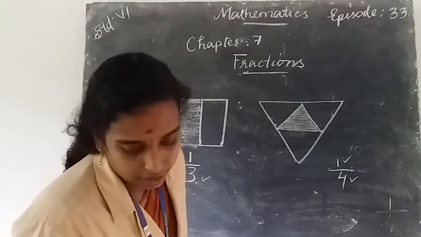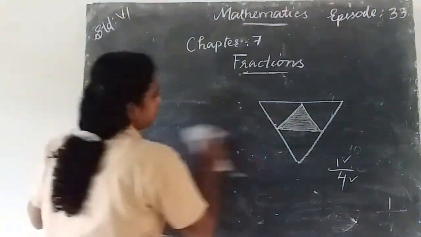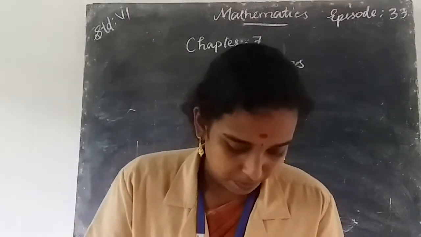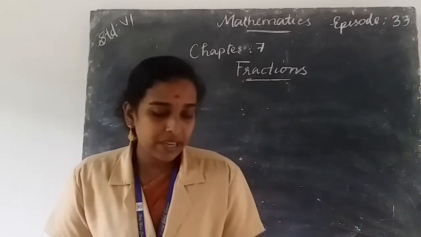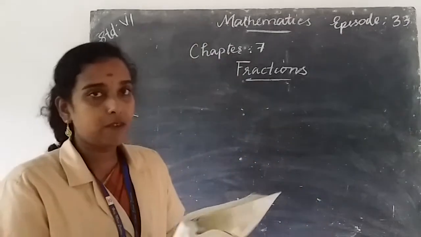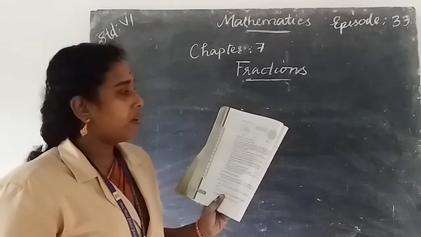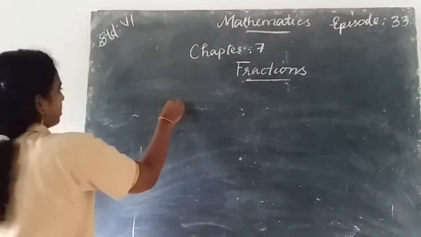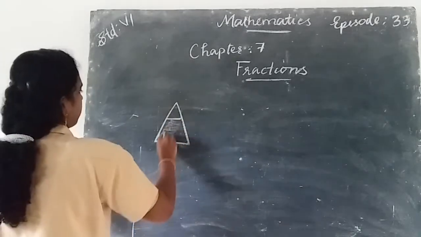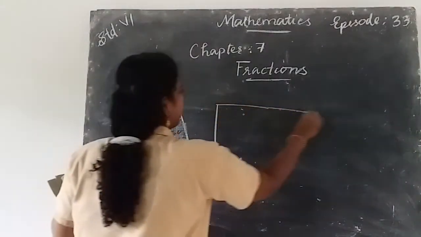Okay. And next page, page number 136. Next question is identify the error if any. Okay, so some shaded figures are given here, and we want to identify the error if any. Okay, and the first figure is like this. One portion is shaded, and the second figure is like this.